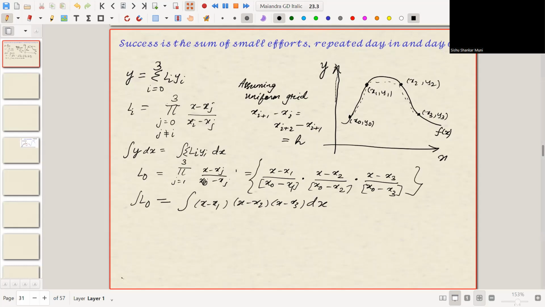The denominators are x naught minus x1, x naught minus x2, x naught minus x3. These can be h, 2h, 3h. But what about the numerator? The numerators are the ones you have to integrate, and this integration is not a simple one because it involves the product of three different linear functions.